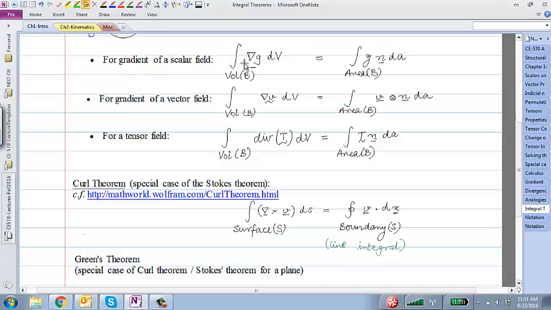So gradient of a scalar field, let's say scalar field G, gives me a vector field. If I take that vector field and integrate it over the volume of a body, I get a vector, not a vector field.